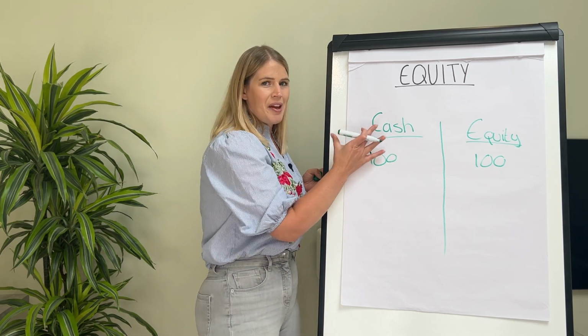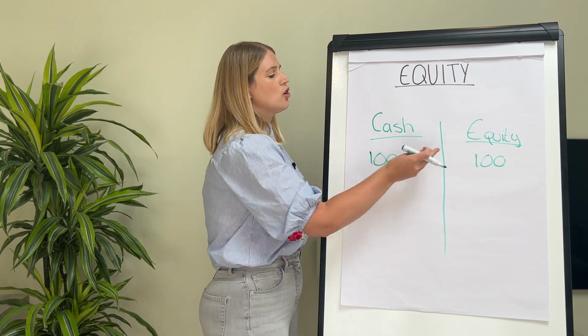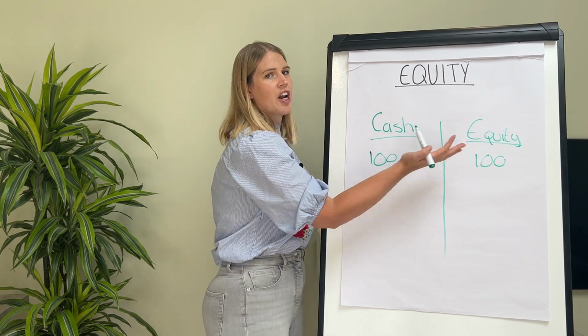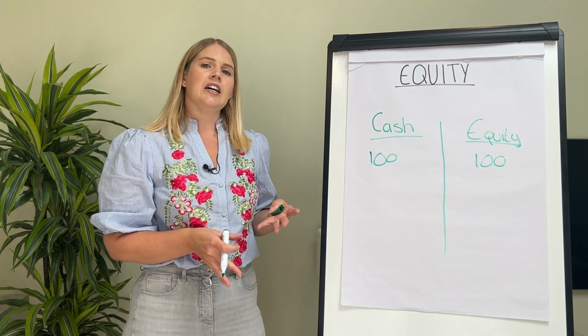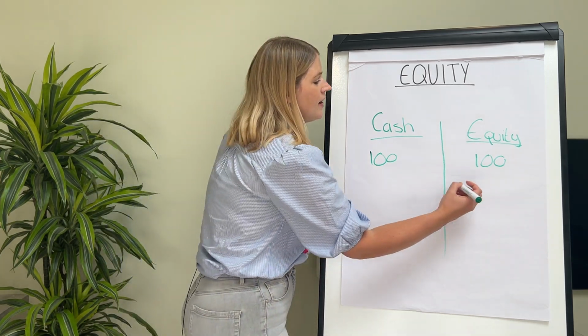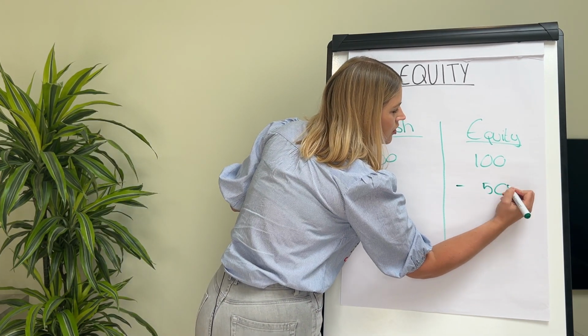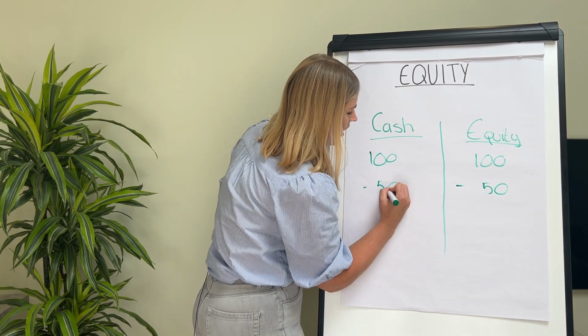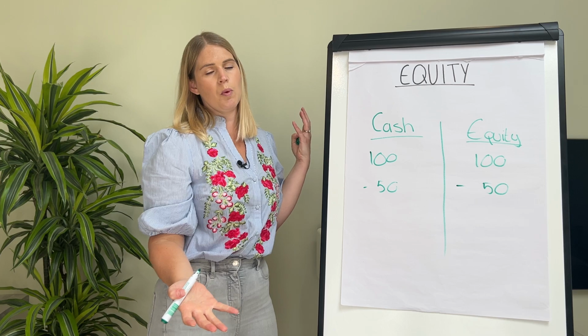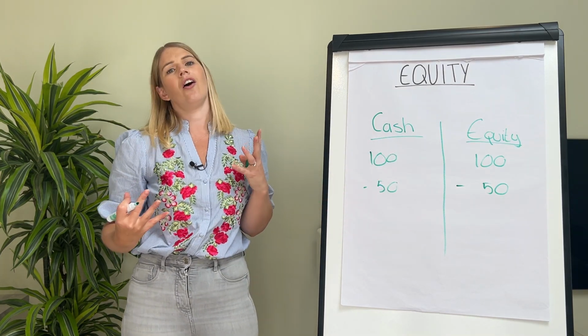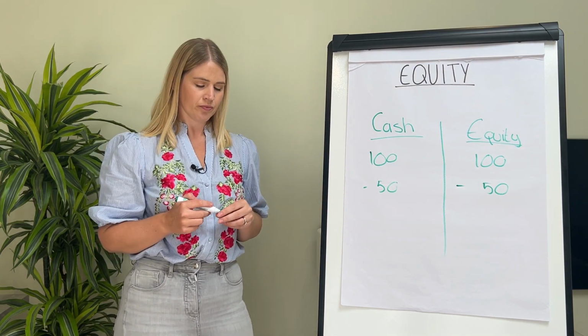It's not going to be exact, but give or take a bit. So when you're a small business, you tend to see cash and equity going up hand in hand like this. Then you get to the end of the year and you pay yourself a nice dividend. You might pay yourself 50 grand and you pay it out of your bank, so your cash goes down and your equity goes down as well. So your cash and your equity stay aligned when you're a small business.